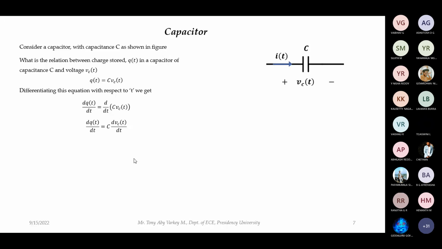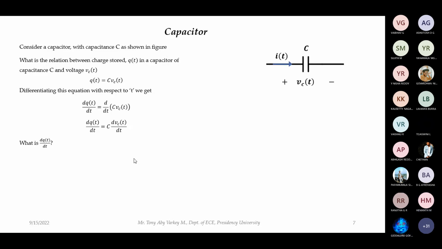Now, can you tell me what dq by dt is? What is the rate of change of charge? Current.